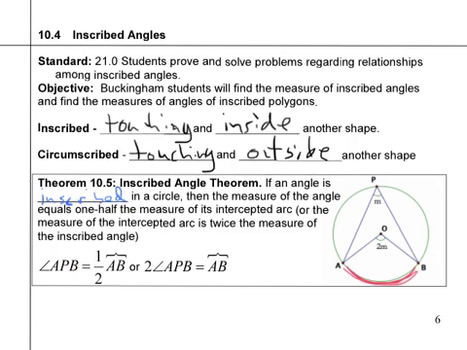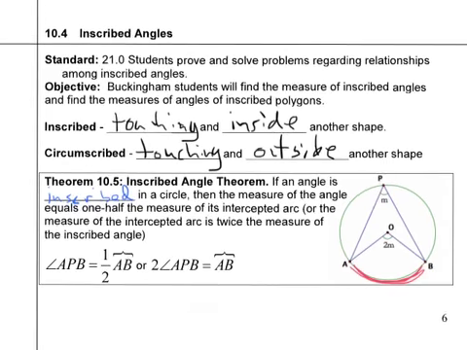Or you could say twice angle APB, or just angle P, equals AB. So this is going to be half of this measurement, because remember, arcs and central angles are the same. So that's why we know it's half. Okay. So let's use that and go on to the next example problem.